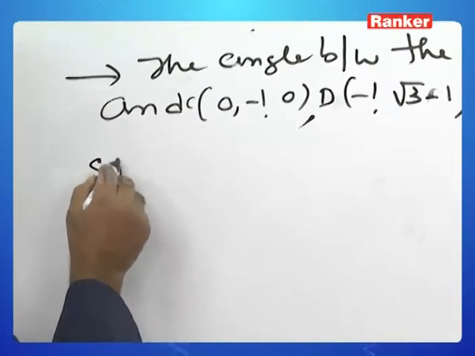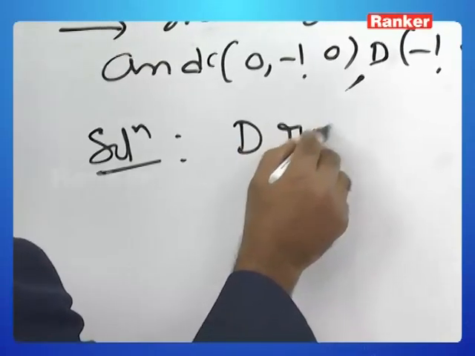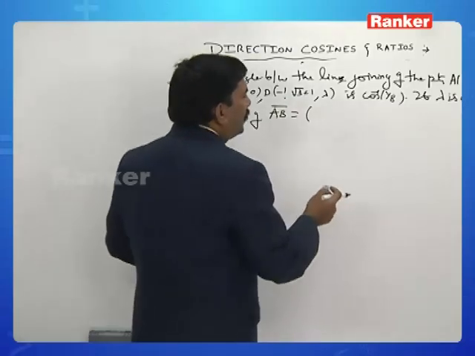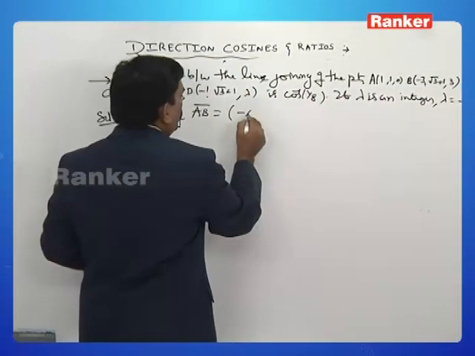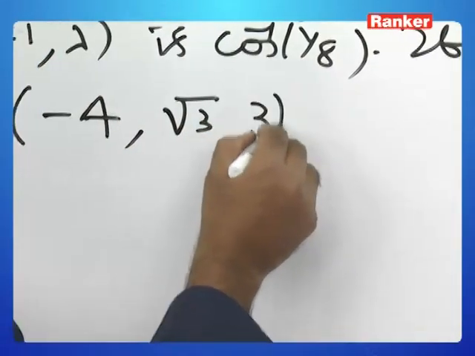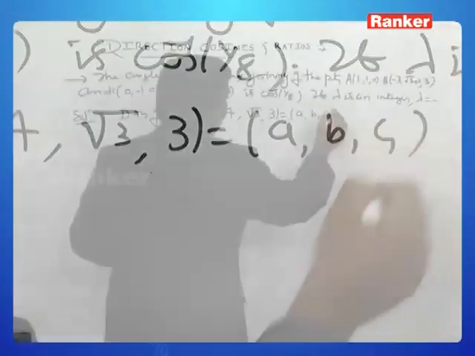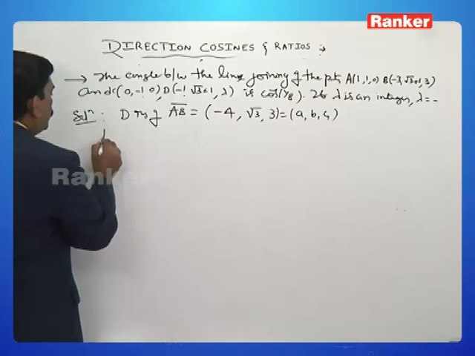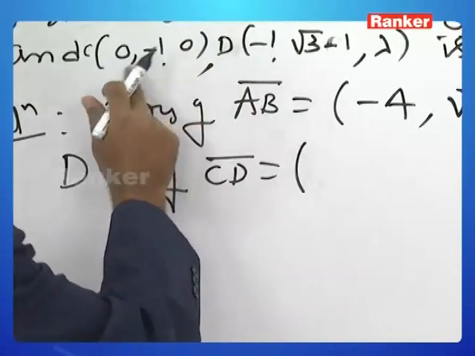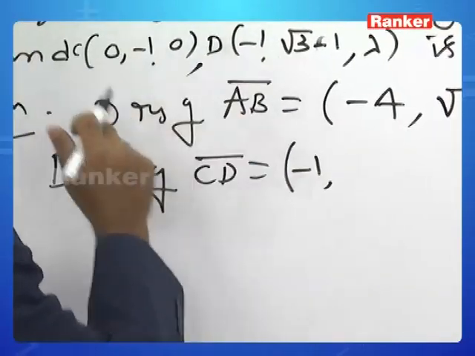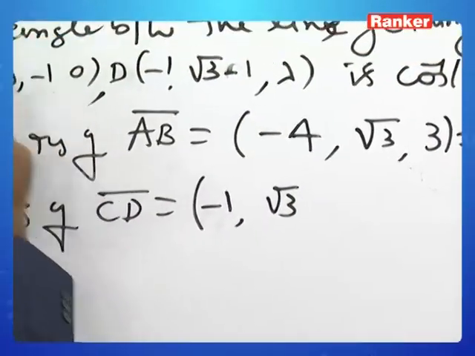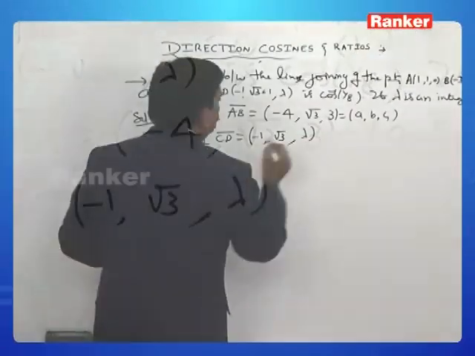Let us find out the DRs of AB bar. It is x2 minus x1: minus 4, root 3 plus 1 minus 1 is root 3, and 3, which is A1, B1, C1. Next, the DRs of CD bar: this minus this, minus 1, 0, root 3 minus 1 minus of minus 1 is root 3, next lambda minus 0, lambda.